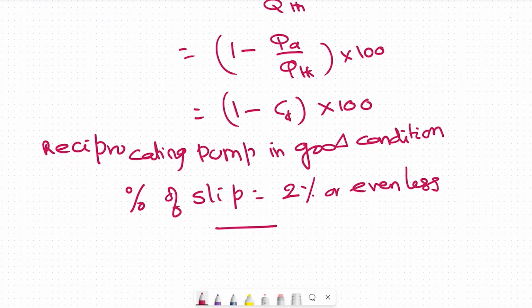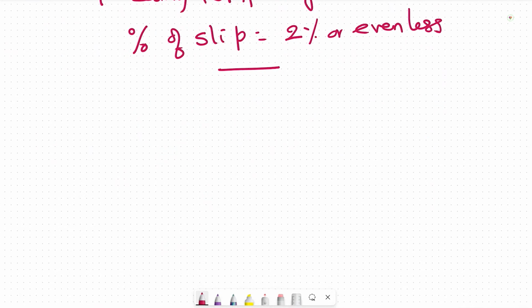This is the second thing. Then the third definition, two definitions I have completed. One is coefficient of discharge, second is slip, then the third one is percentage of slip. Now next is: what is negative slip?